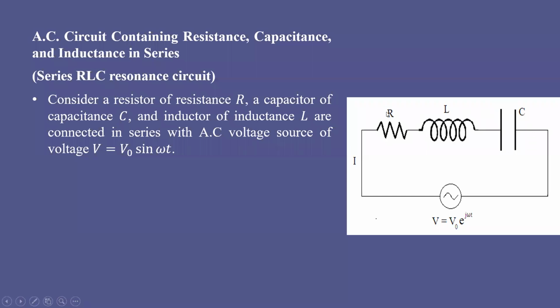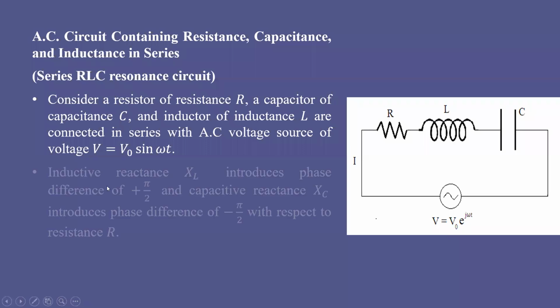This series combination is connected to the AC source, and AC is having the voltage V equal to V naught e to the power j omega t. So in terms of sinusoidal voltage, V equal to V naught sine of omega t, or you can represent that in complex number representation by V is equal to V naught e to the power j omega t.